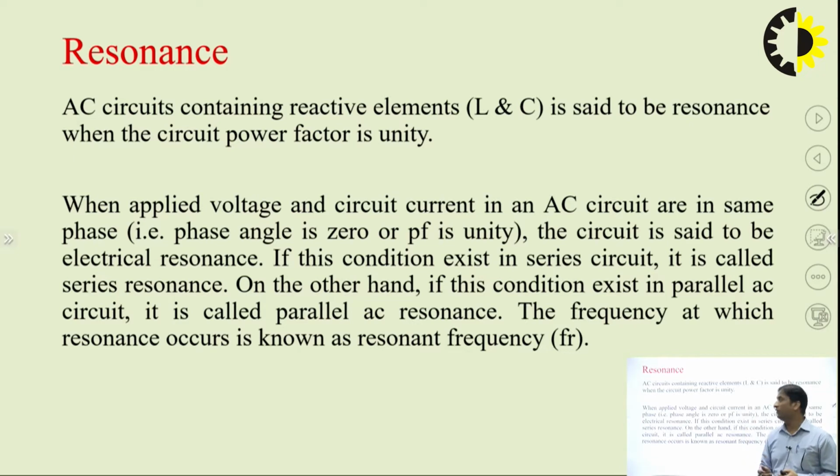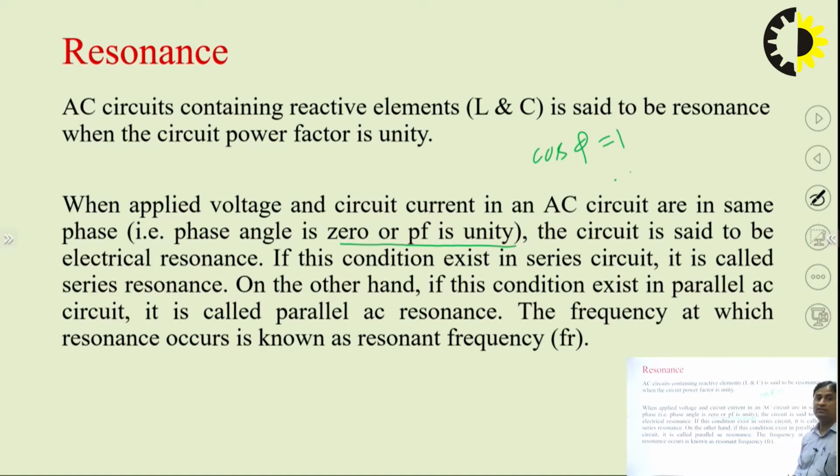Then the power factor, which is the cosine of the angle between the two, is equal to unity. So, as I just told you, the phase angle is zero or the power factor is unity. That is called electrical resonance.